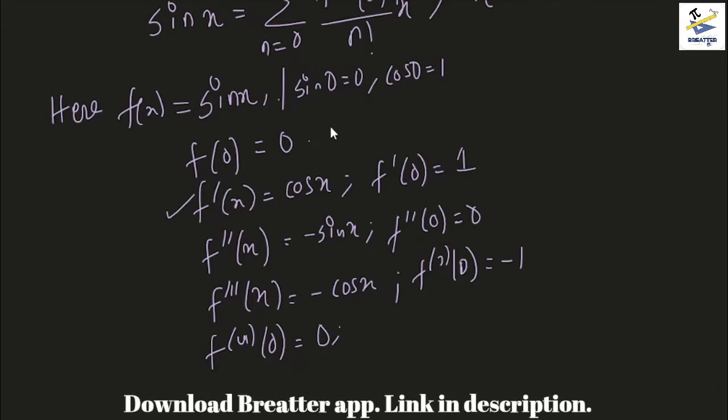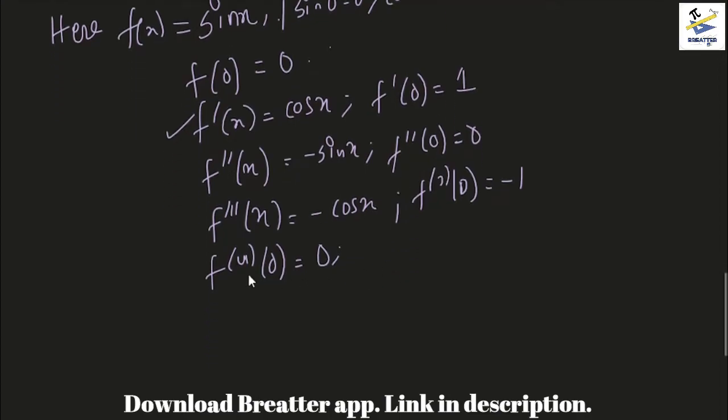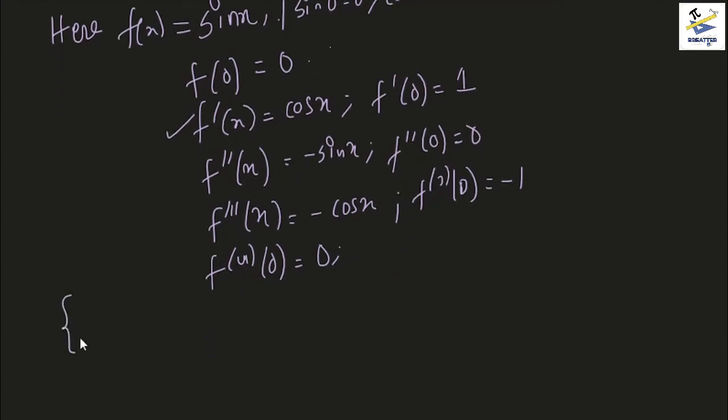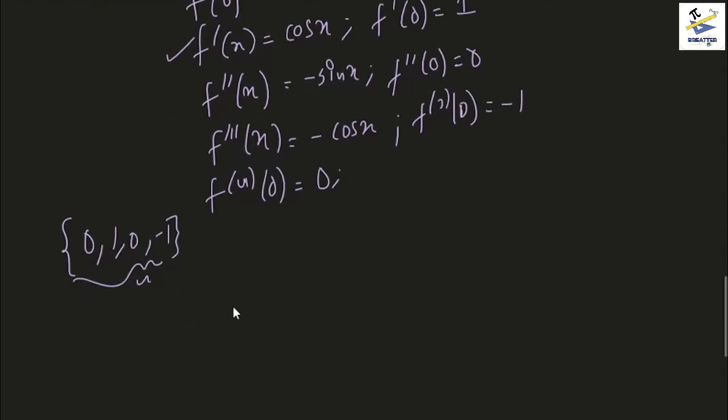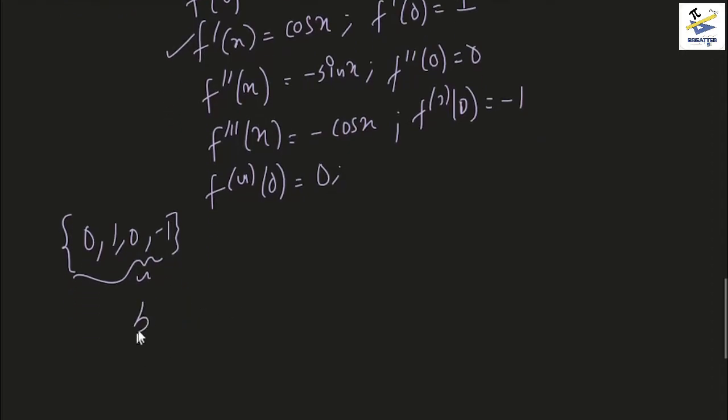So you can see the first 4 coefficients are as follows. The coefficients repeat themselves and they are periodic in the order 0, 1, 0, minus 1. These are the first 4 coefficients and this will repeat itself, right? So in that way we can write the Taylor series for sin x as follows.